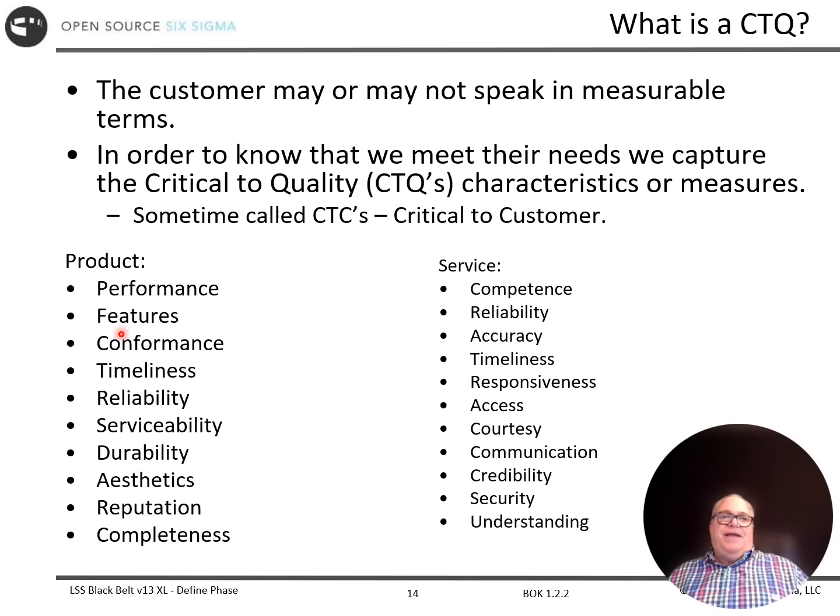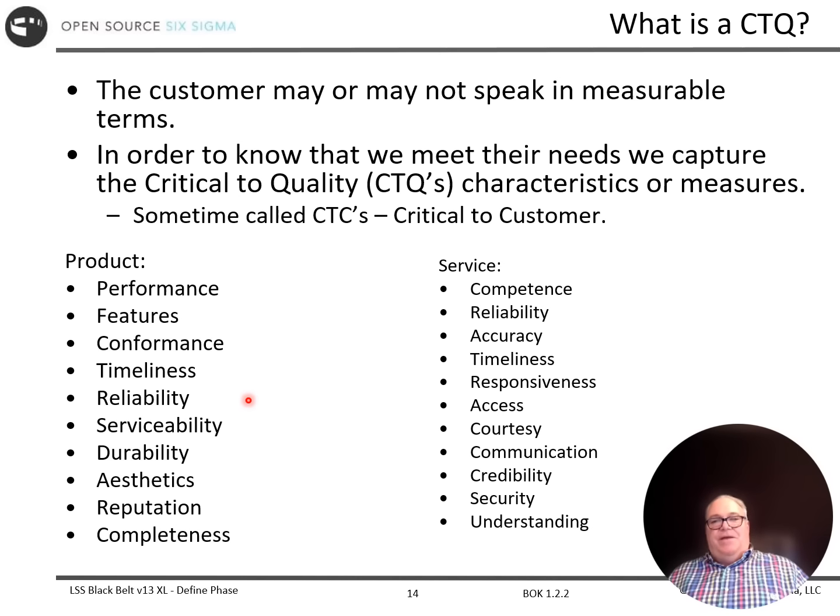Hopefully, because currently our customer is not real happy with our delivery of one or more of these characteristics. So we have them broken down here. Again, this is hardly a complete list, but you can certainly think about a customer and how they might judge your output as being good or bad based on some of these factors. So on the product side, its performance, the different features, timeliness of getting an order to them.